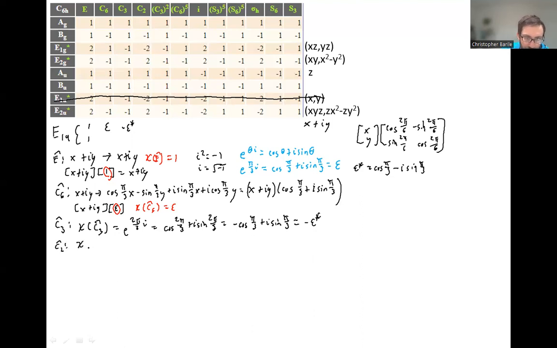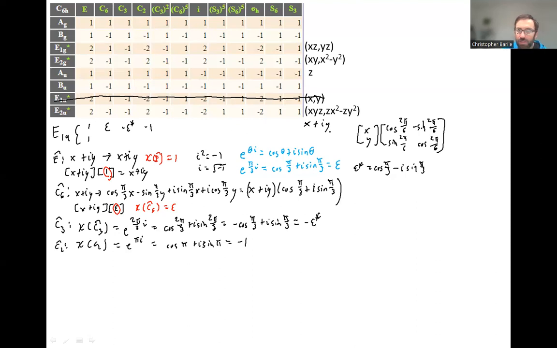And for C2, we're going to get that it's equal to e to the pi i. Okay. And that, of course, equals cosine pi plus i sine pi. Well, i sine pi is 0, cosine pi is negative 1. So that's going to get us a negative 1 here.